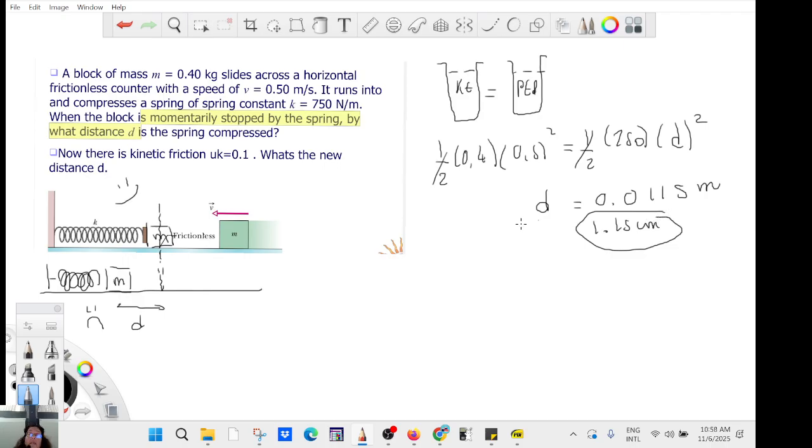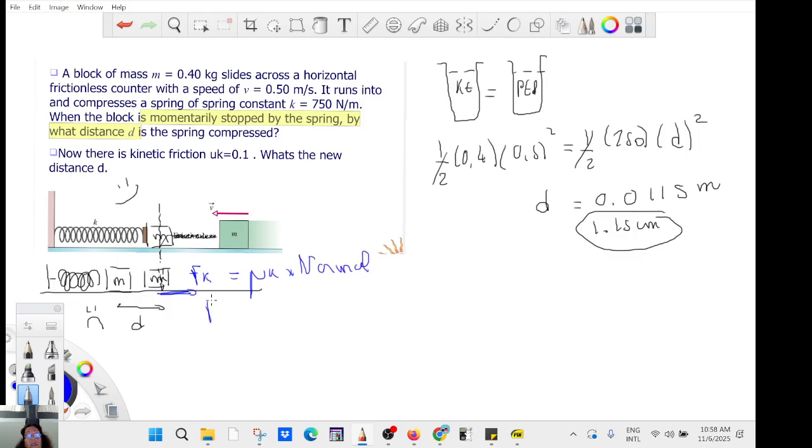Now what happens if you have kinetic friction once it's touching? This was frictionless, but now there is friction. Because there is friction, the friction is taking away some energy. The force of friction is the coefficient times the normal force.